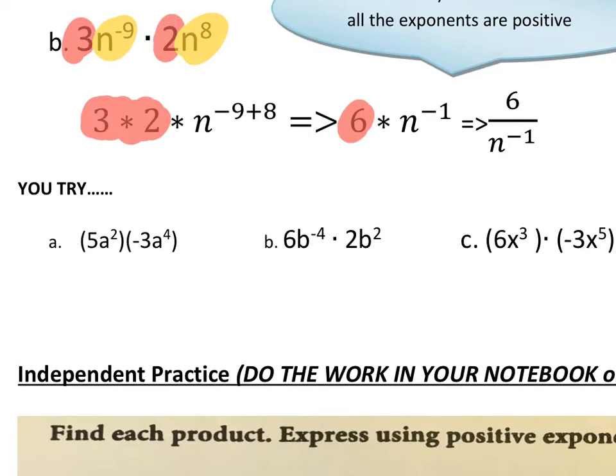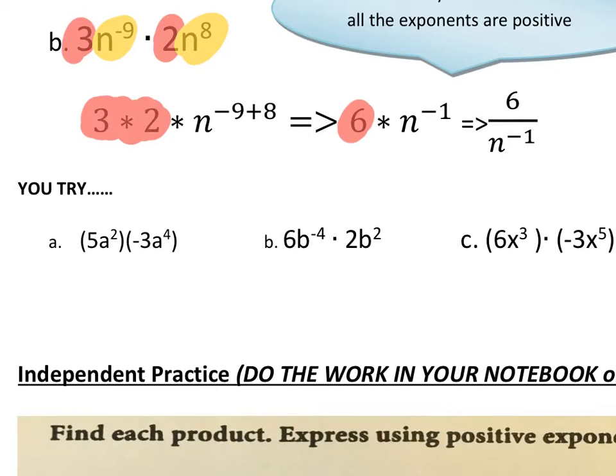My base is n. Because notice, how do we know that my base is n? There's one giveaway that tells me that my base is n. What would that giveaway be? Looking at your example A, what is the giveaway?